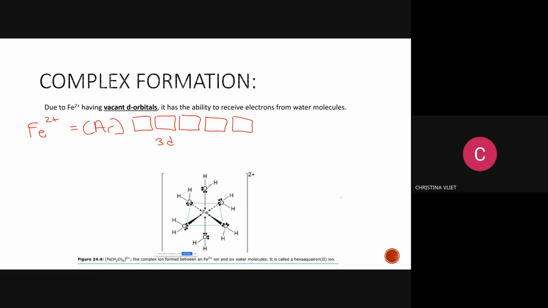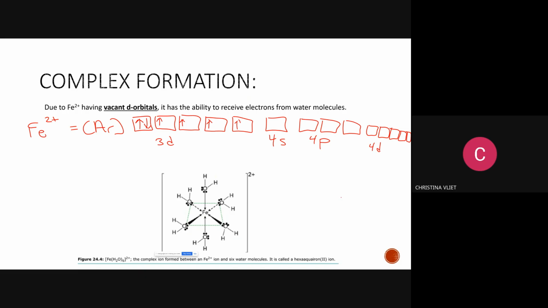How many electrons are in the 3d? Yes. So 1, 2, 3, 4, 5, 6. And then you've got 4s, and what else do you have access to? 4p. And what else do you have access to? 4d, right? 1, 2, 3, 4, 5.